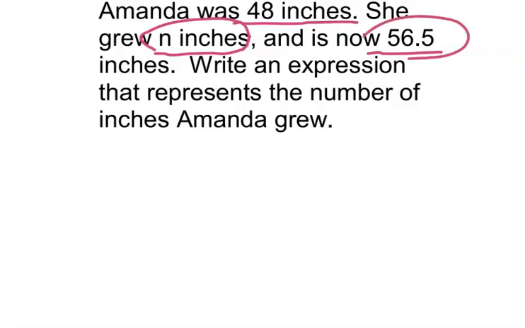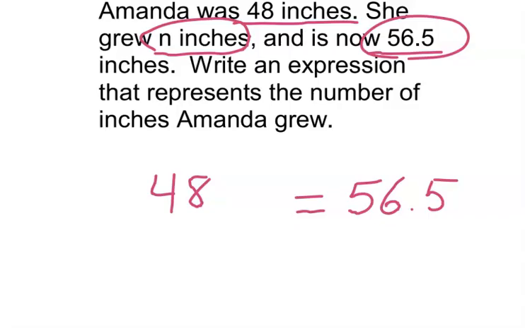Okay, once again, we know that she's 56.5 now, so that would be the total height. So that's where we would put our answer, right? She was 48 inches and she grew some. She didn't multiply her height, she just grew. So we're not going to multiply, we're going to add n inches.